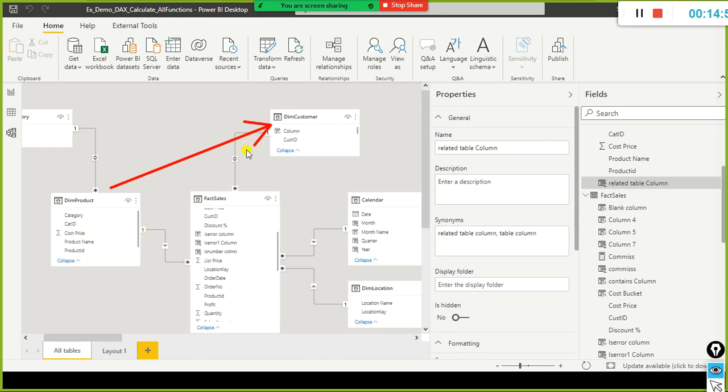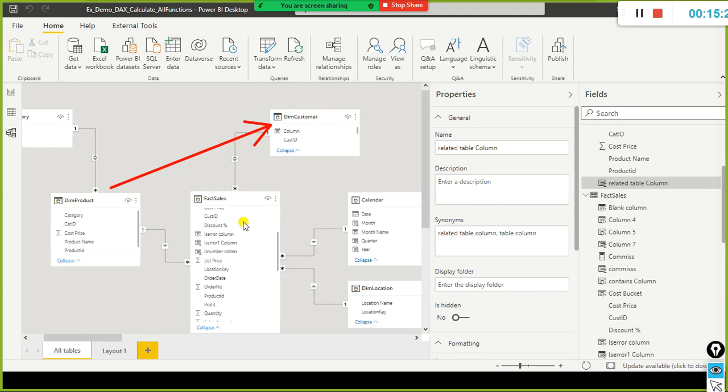Here we have enabled the bidirectional relationship, but here there is no relationship. We want to know how many customers purchased each product. Let's say I sell three products A, B, C, and for product A, how many customers purchased, for product B, how many customers. If you wanted to use my product table to filter my customer table, and vice versa, it is not possible.